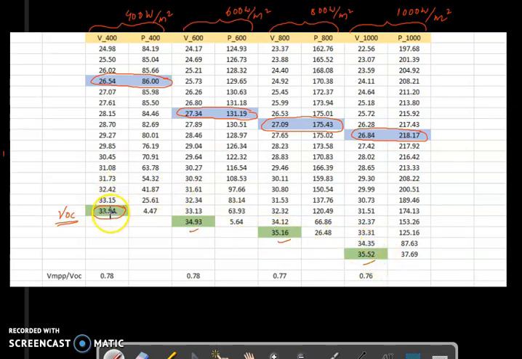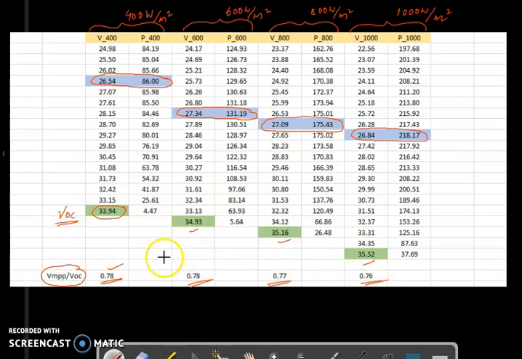If you take the ratio of the VMPP and open circuit voltage of the panel at different irradiance, it came to light that the ratio is almost the same. At 400 watts per meter square I got around 0.78, and at 600 this is around 0.78, and for 800 watts per meter square the ratio is 0.77, and for 1000 it is around 0.76.